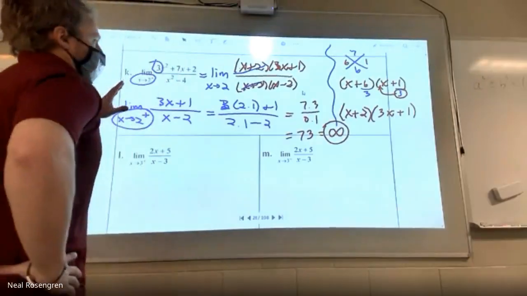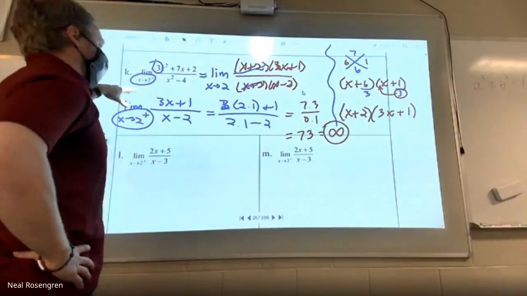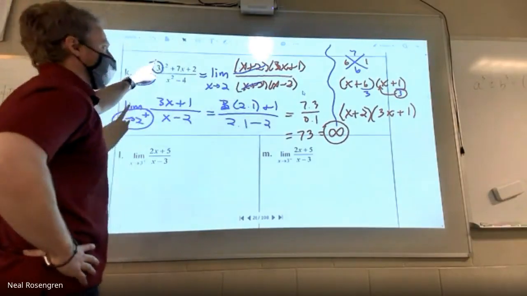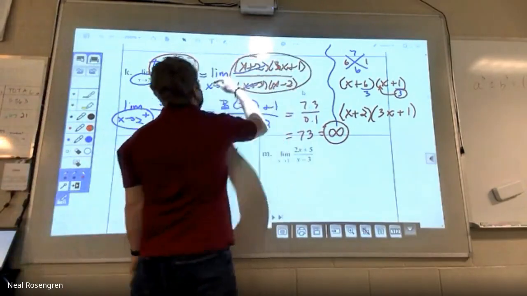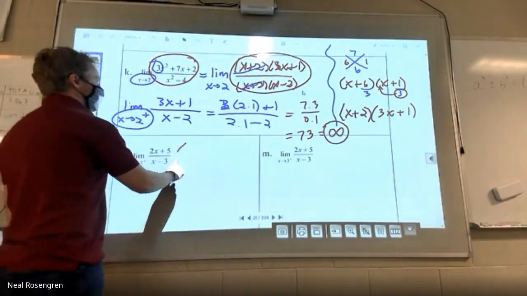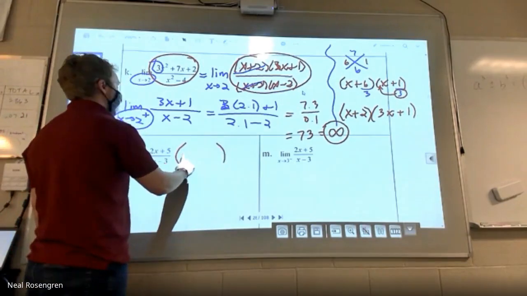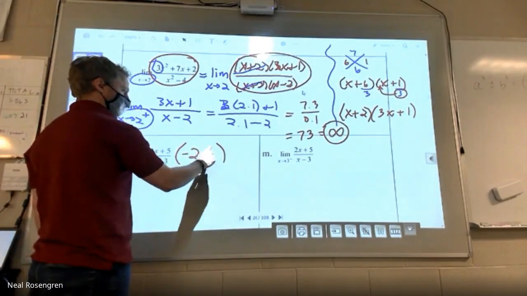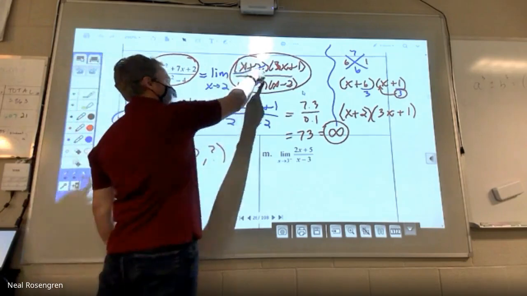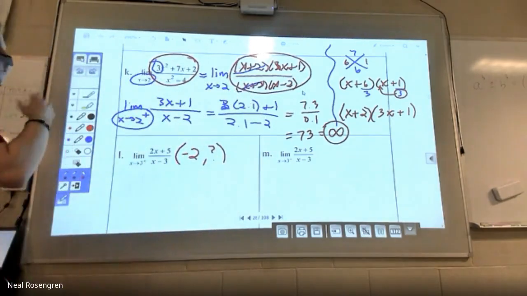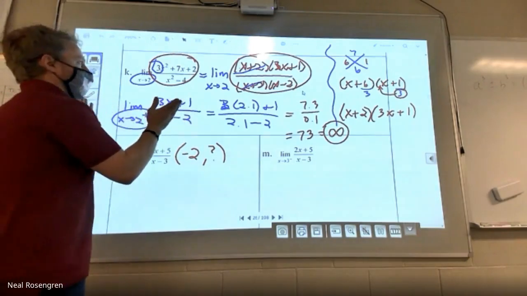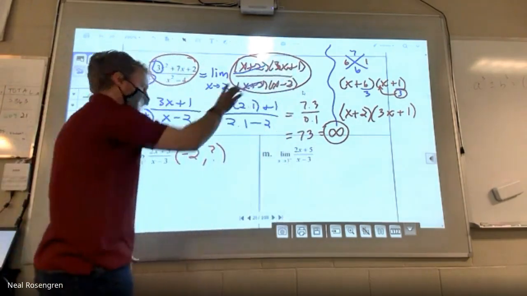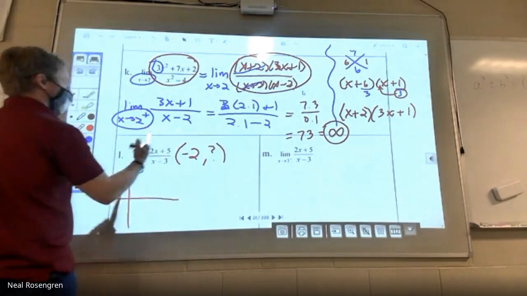No, the reason why 73 works right now here and here is because this function and this one are identical except for this hole, whatever that is, okay? Because we crossed out the problem. And so if we were going to just -2, like me dividing away the problem and plugging this in, we've got some function, right?